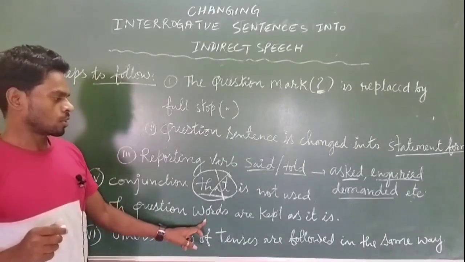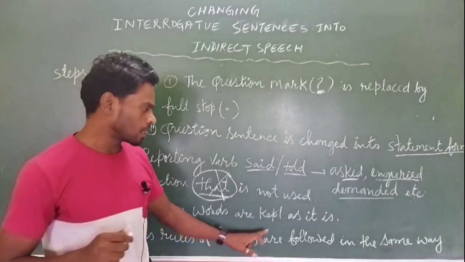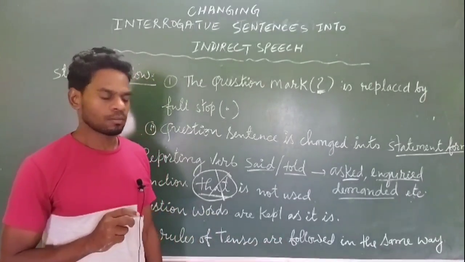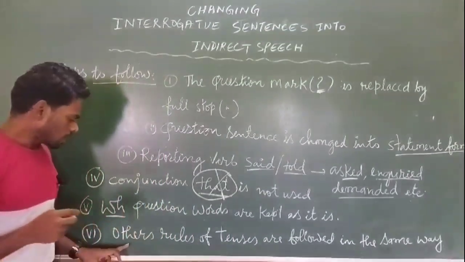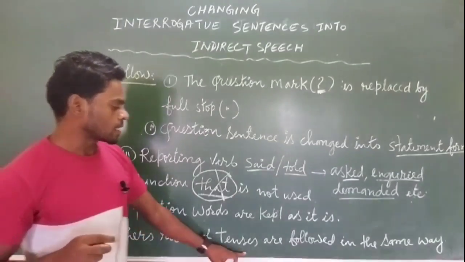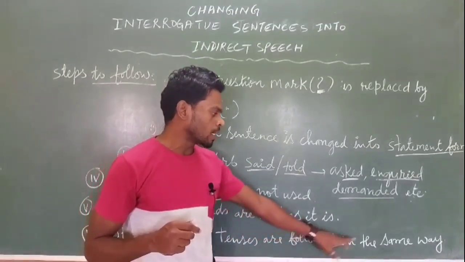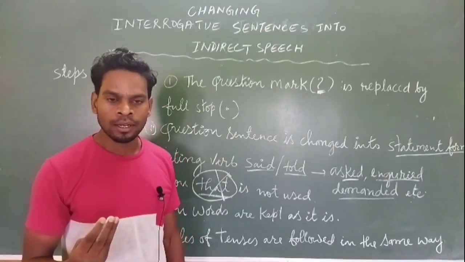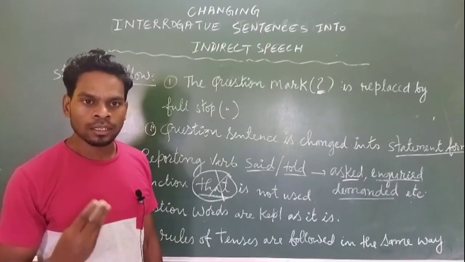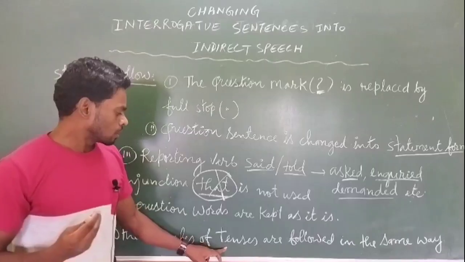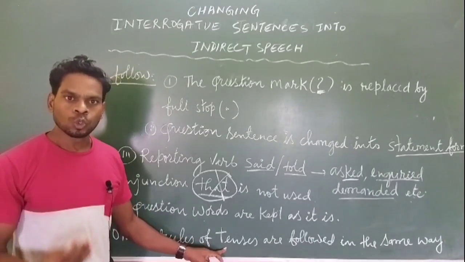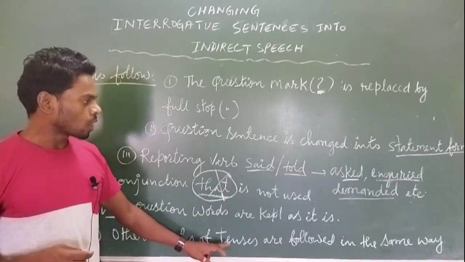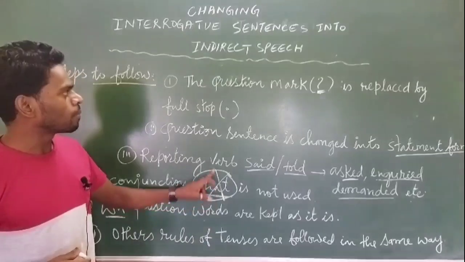The WH words have to be kept in the sentence. And last, the other rules of tenses are followed in the same way. Whatever other rules there are with regard to tenses, those need to be followed. Now we'll see an example and you'll be able to understand.